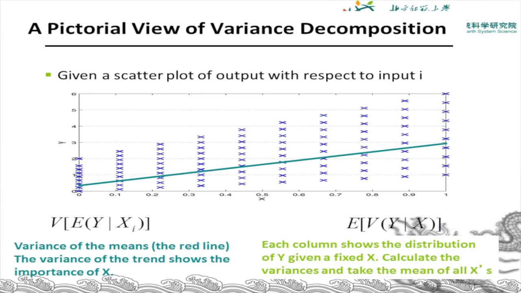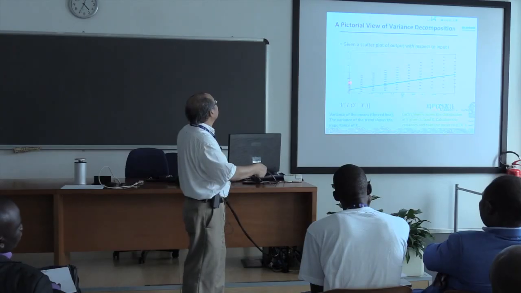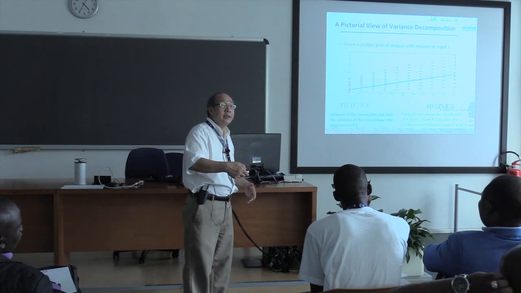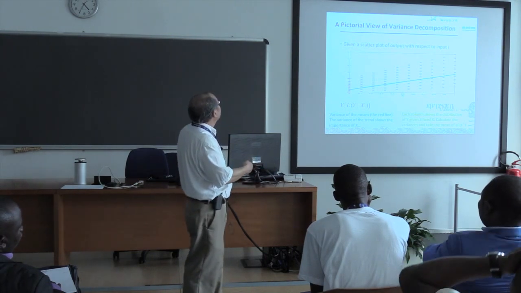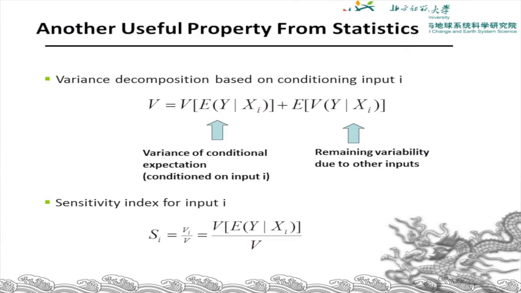And this term is the variance of this line we are talking about, the variance of this straight line. And this other term is the average of this variance. So if you go back to here, this term and this term can all be illustrated by this figure here.